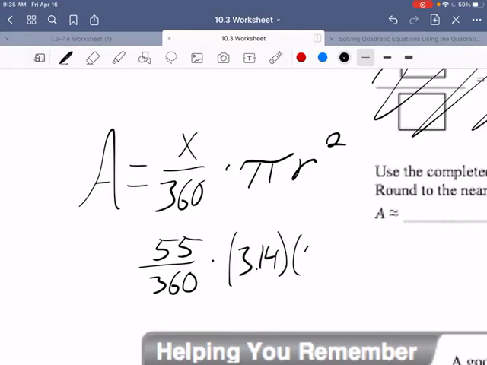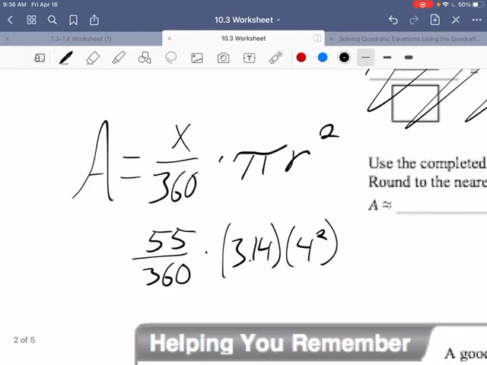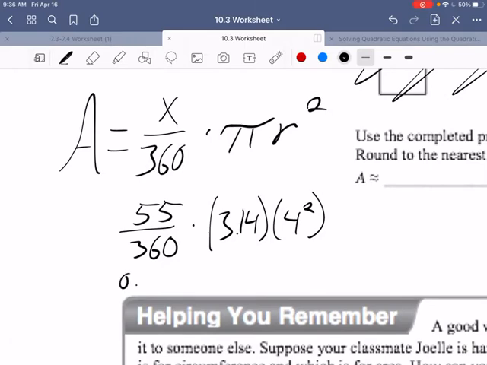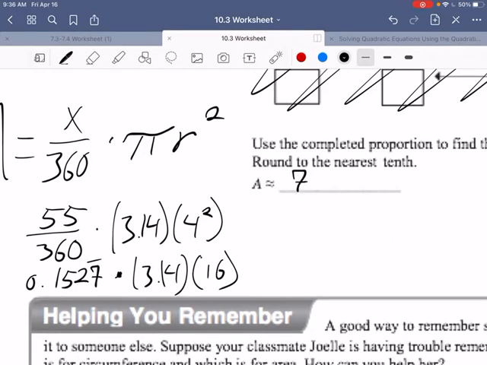So you can plug that all into your calculator at once, or you can do 55 divided by 360 and get a good decimal, 0.1527 repeating, and then multiply that times 3.14, and we know 4 times 4 is 16, so 0.1527 times 3.14 times 16 gives our answer of 7.6716.